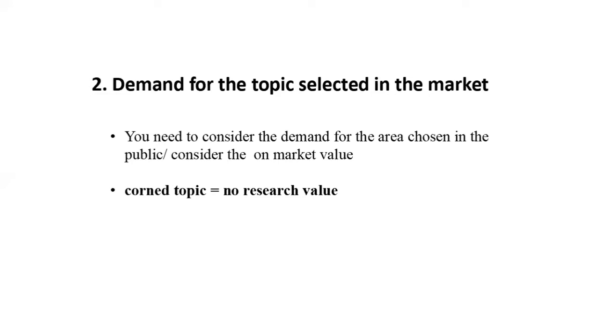In the example we took, machine learning and artificial intelligence are booming in the tech world at present. It satisfies the demand in the market, right? Such a thing should be your area of interest. A cornered topic equals no research value. It is directly proportional. That is the meaning of considering the demand in the ongoing market. This should be your second concept.